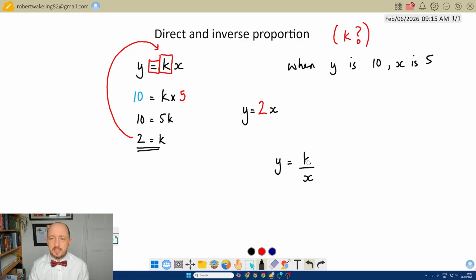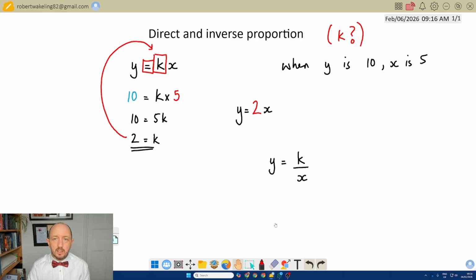Inverse proportion is k over. So it could be x, it could be inversely proportional to the square of x, or the cube of x, or the root of x, which may look scary about how we solve these. But the actual inverse proportion and direct proportion part is finding k.